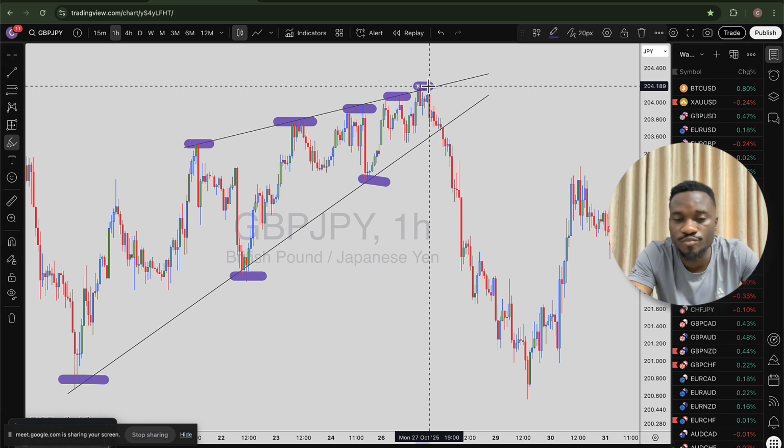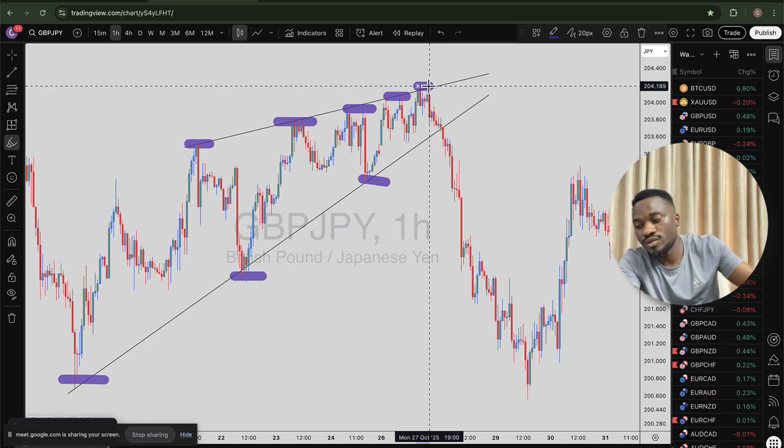Now, we've been talking about chart patterns. We've been showing you how to draw the lines, how to construct the lines. Now, let's talk about how we can set our stop losses and our take profit in this type of chart pattern whenever we see it on our trading chart. So we are going to make references to this pattern right here because I love this pattern.